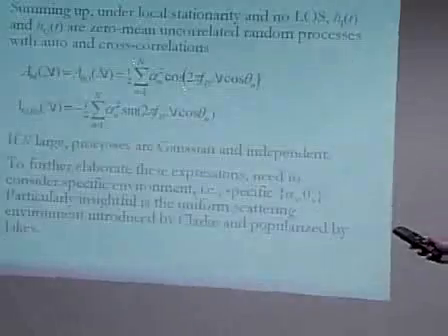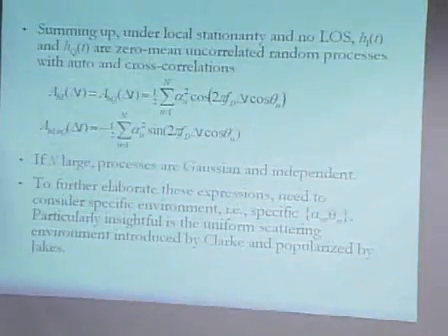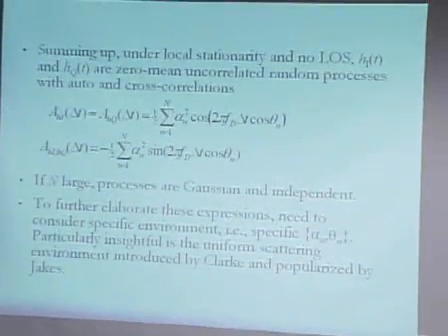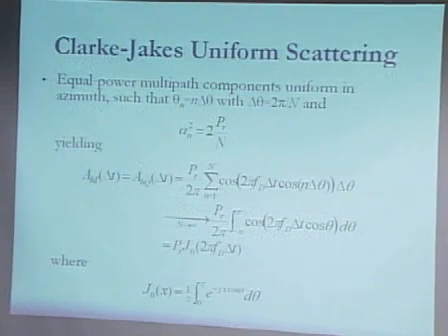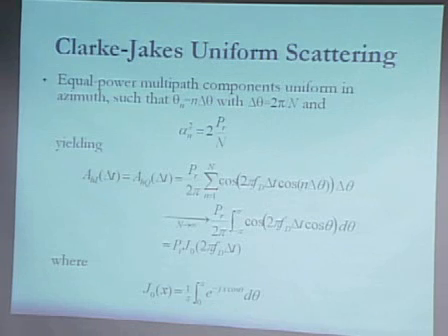And with this very simple setup, we can go back to our expressions, look at these formulas, and just plug in those values for alpha and theta and see what we find. Okay, so let's start with the autocorrelation.